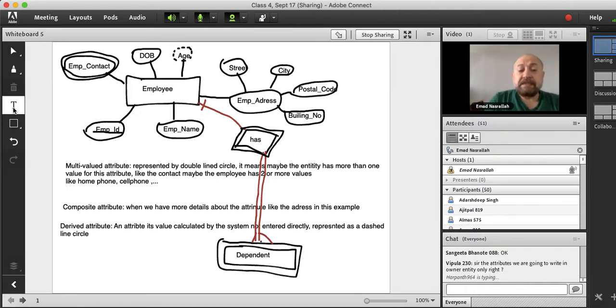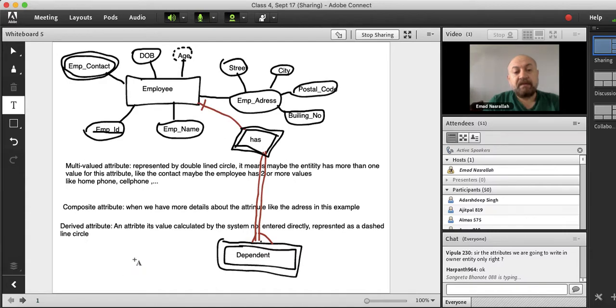A weak entity is an entity that depends on another entity, even the primary key of the weak entity is not enough to represent the weak entity. It must have part of the primary key from the owner and part from the weak entity. So here, what do we have?